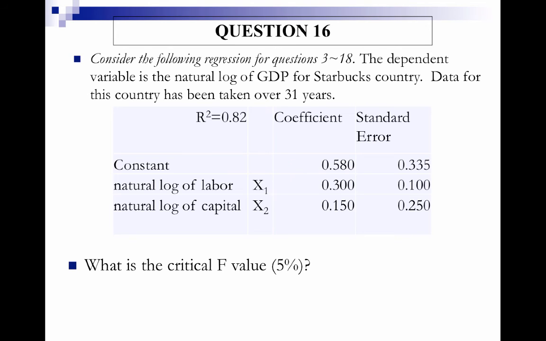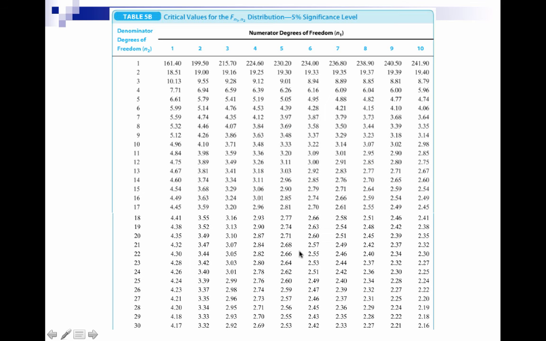So for the critical f value, it tells you that we're looking at a 5% significance level. We need to look at our f tables. Degrees of freedom for the numerator are equal to 2. Degrees of freedom for the denominator are equal to 28. And so our critical f value is going to be 3.34.